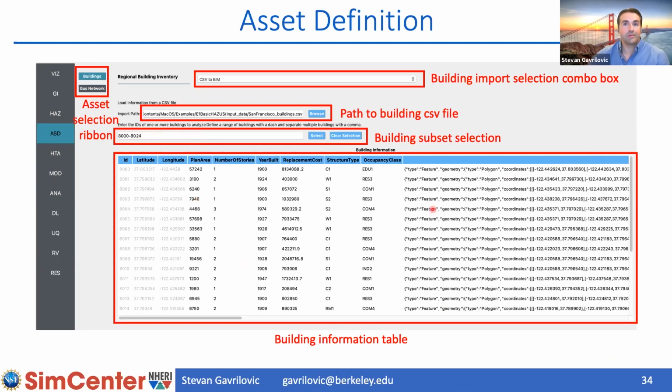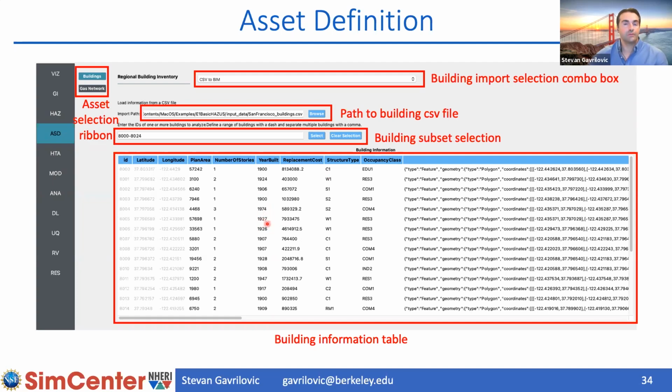Below that is the building information table. So everything in your CSV file gets recreated here again. And this allows you to edit a cell. So you could click here and you could change the number of stories. You could change the structure type if you want to see how that changes the analysis. You could change perhaps the year built to see how that will affect the damage and loss results.